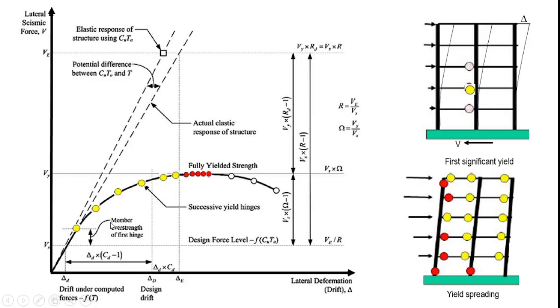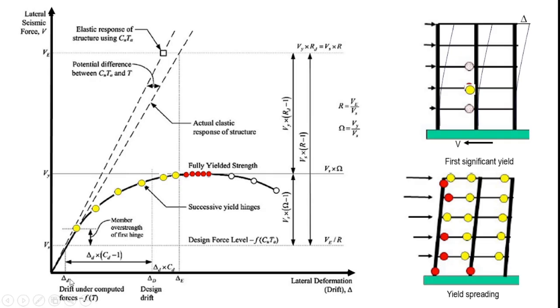Now let me take you back to this diagram. Yes, so look here, we know that Vs is the code specified design force level, and at Vs we know that the structure is elastic and the corresponding deformation is delta subscript small d.